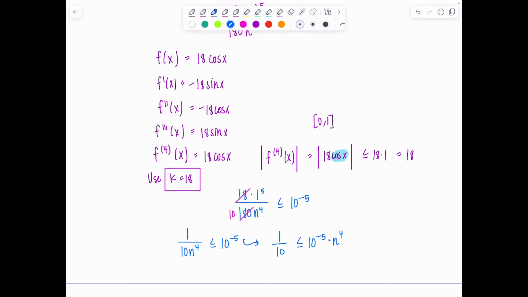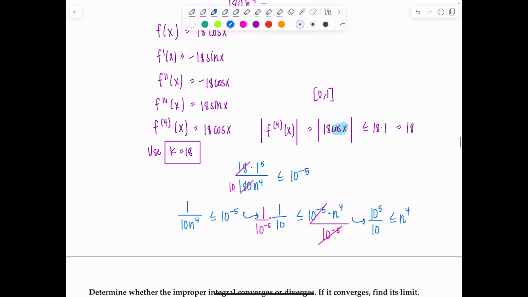To get rid of 10 to the negative fifth, if you divide by 10 to the negative fifth, that's the same as multiplying by 10 to the fifth over 1, excuse me. So this would cancel. And then we would have 10 to the positive fifth in the top over 10 is less than or equal to n to the fourth.